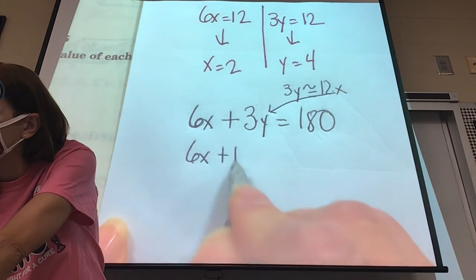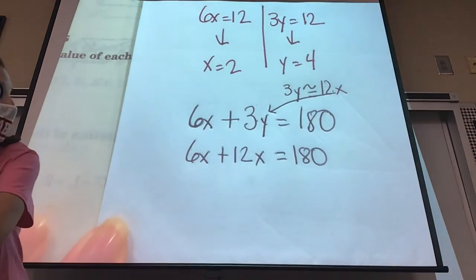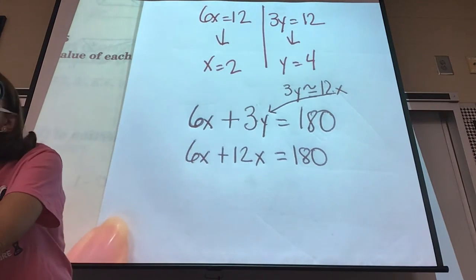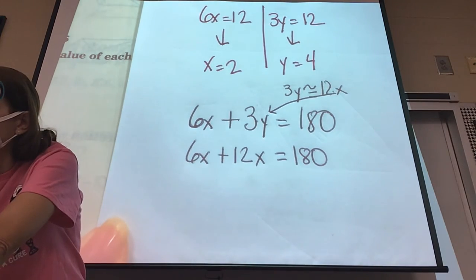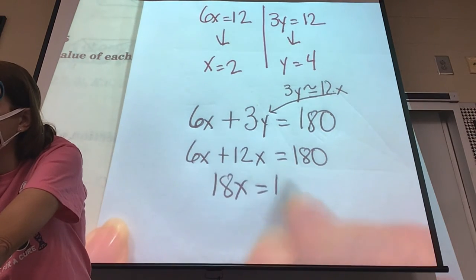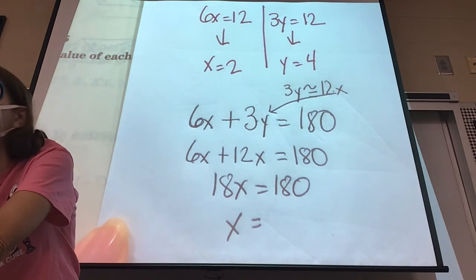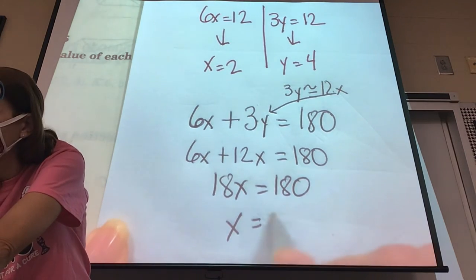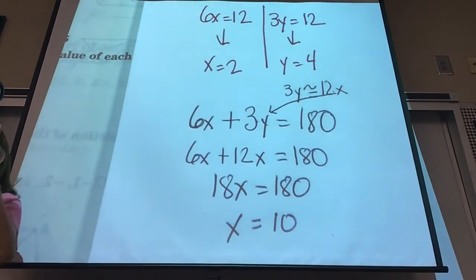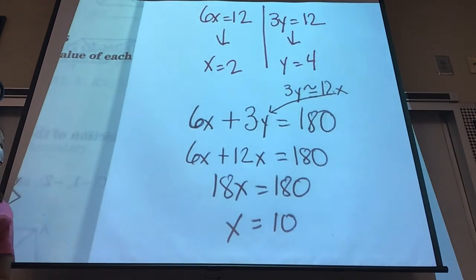So it's now 6x plus 12x equals 180. Now it's all the same letter. Now you can solve it. So it would now be 18x equals 180. So x would now be, what? 10. And I only can do that because I know diagonally they are equal.